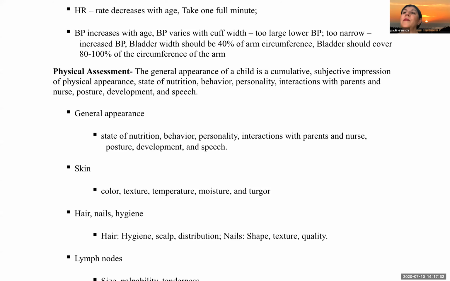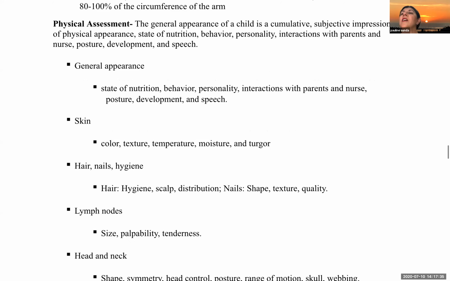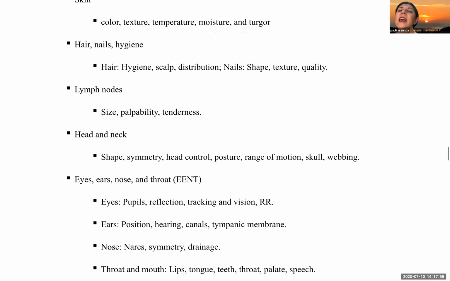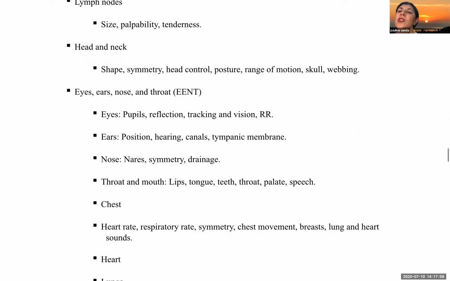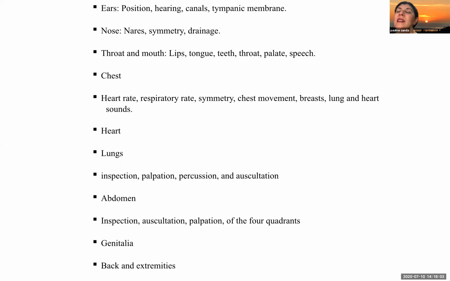So physical assessment. The general appearance of a child is a cumulative subjective impression of the physical appearance, state of nutrition, behavior, personality, interactions with parents, the nurse, posture development, and speech. So these are all of the components that we want to take a look at. The general appearance, skin, hair, nails, hygiene, lymph nodes, head, neck, eyes, ears, nose, and throat, chest, heart rate, respiratory rate, heart sounds, lung sounds.